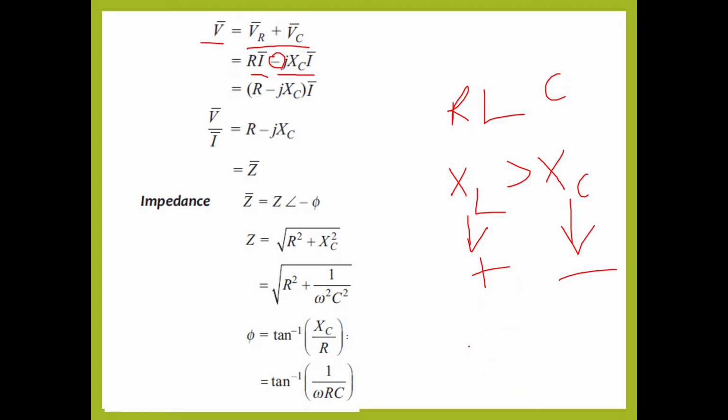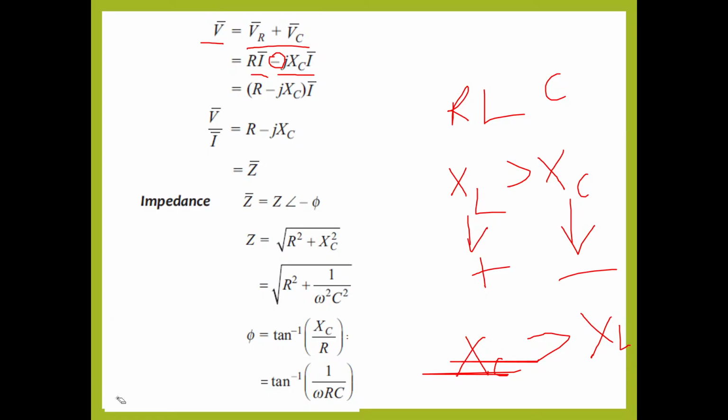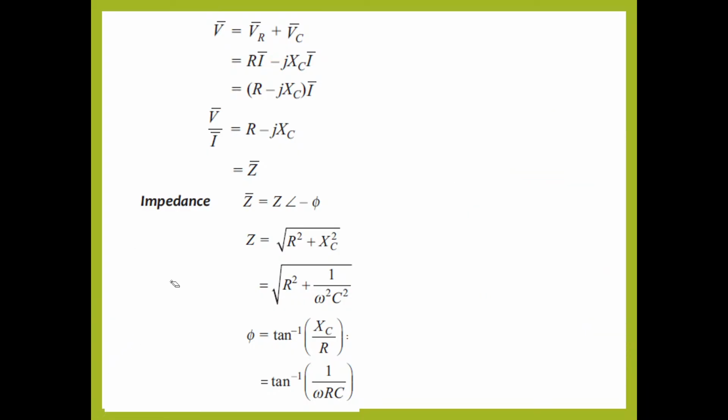Now if XC is greater than XL, then XC is positive and XL is negative. Usually inductive reactance will be greater than the capacitive reactance. That's why you will consider minus here.